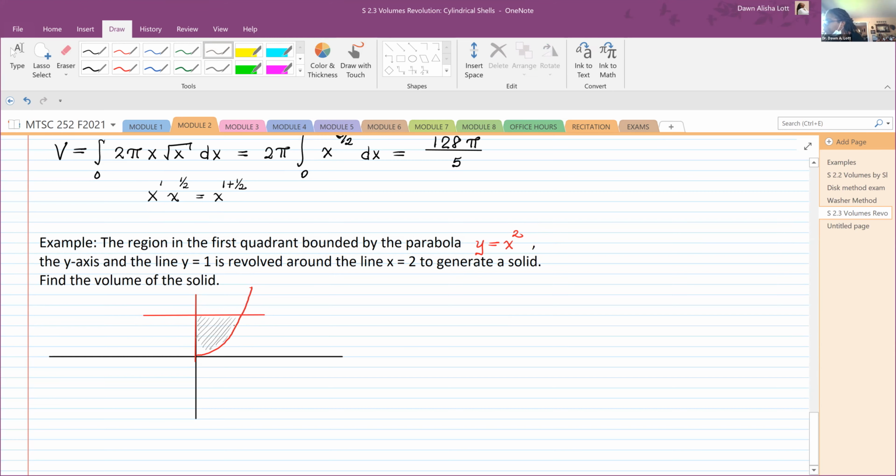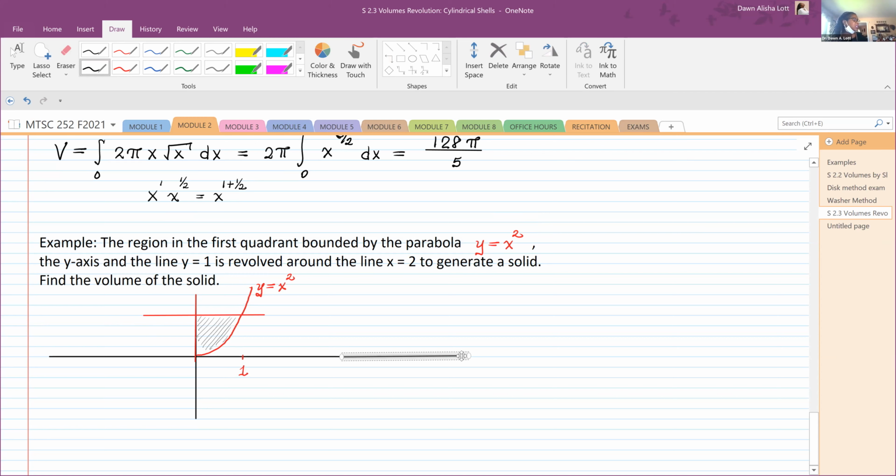Remember, this curve right here is y is equal to x squared. This curve and y is equal to 1 intersect when y is 1, so this is where x is equal to 1. Okay, that's very important for me.